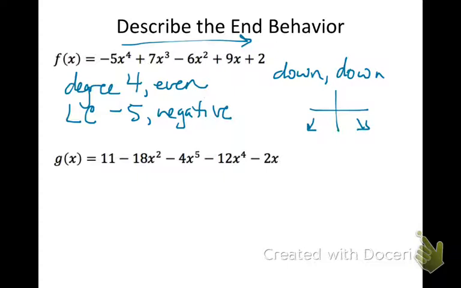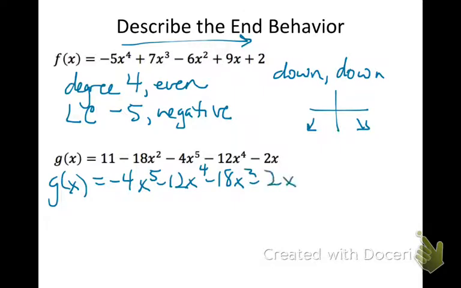So if we did a quick sketch of a graph, and we'll just do the ends, it's going to look something like that. Now the next function is not in standard form. So let's rewrite it. I'm going to put my negative 4x to the 5th term first, and then my negative 12x to the 4th, negative 18x squared minus 2x plus 11. So my degree is 5, and I'm just making note that it's an odd degree.